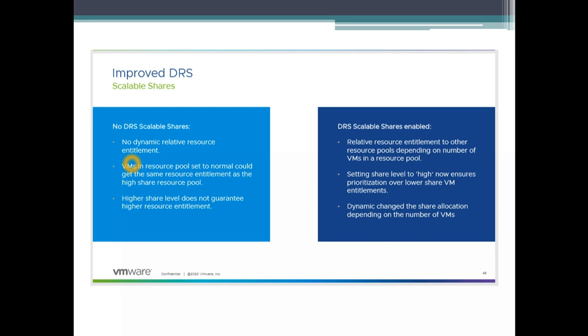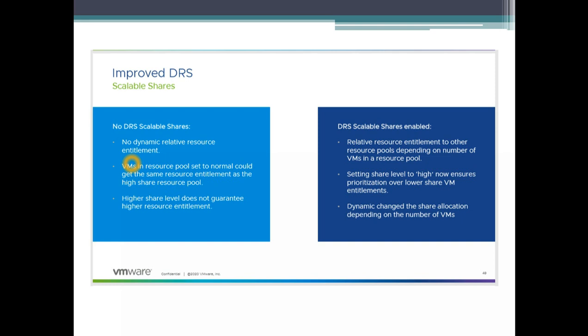So all your calculations go out of the window, because all of a sudden a dev machine is getting 25% of resources, and your production ones are getting less.